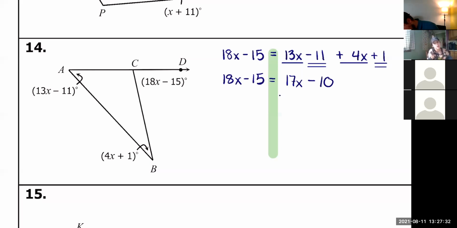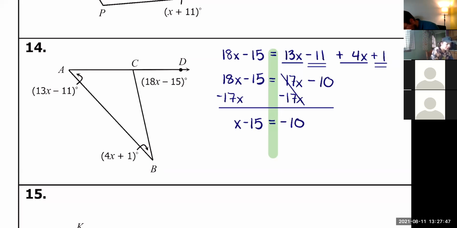Get my variable to one side. So subtract 17x from both sides. Get x minus 15 equals negative 10. And then add 15 to both sides. I get x equals positive 5.